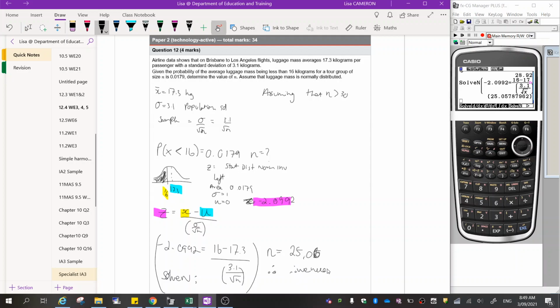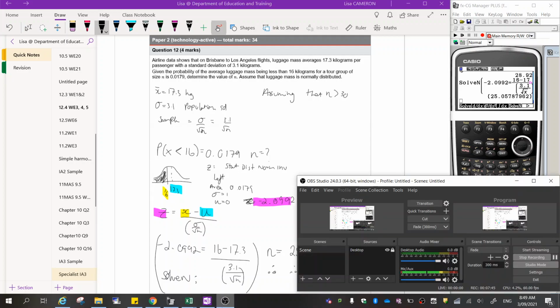Okay, and I can double check that. That's where we're going to stop. Look, I would double check the answer to see if they've put 25 or 26 here. Sometimes we do some strange things with rounding, and it depends on the question type. A lot of the time it depends whether you're trying to fall within here. So remember, double check that.